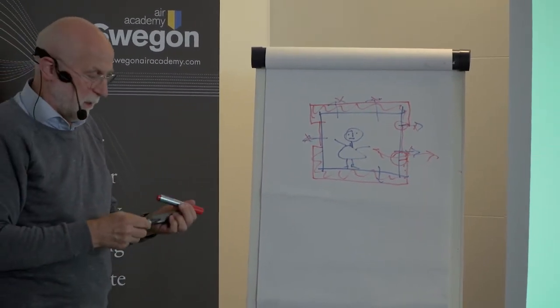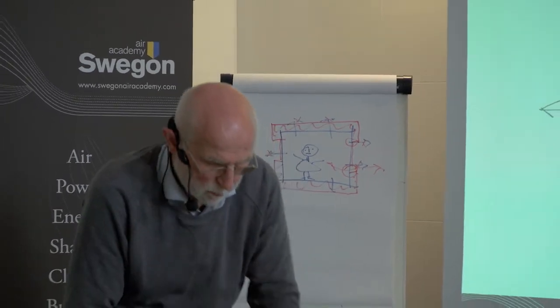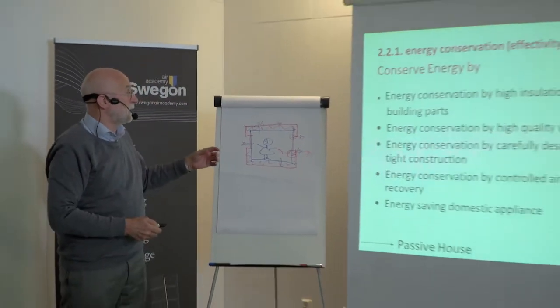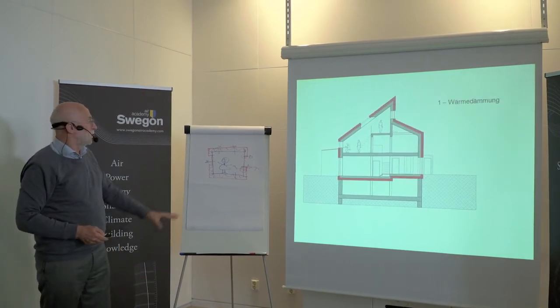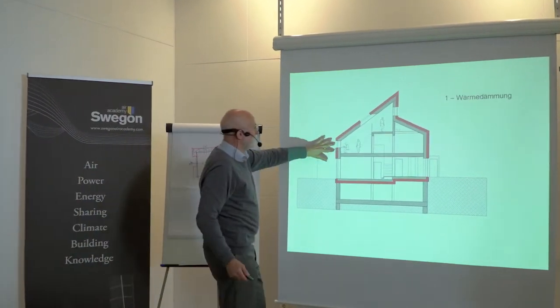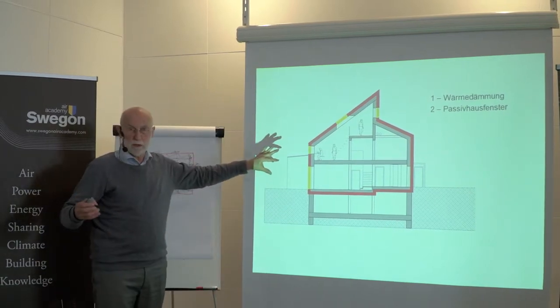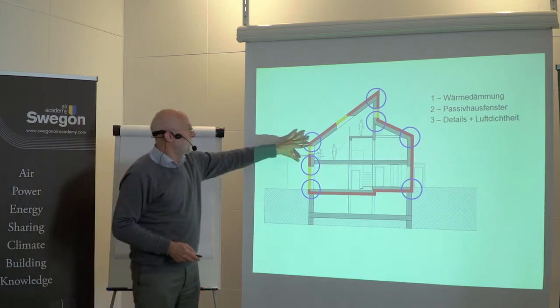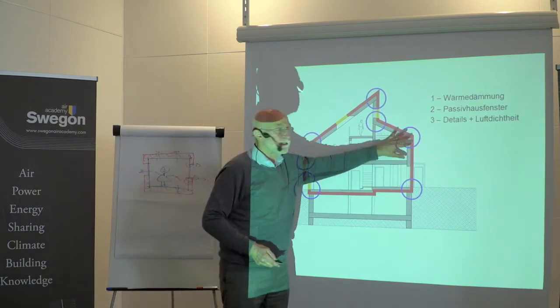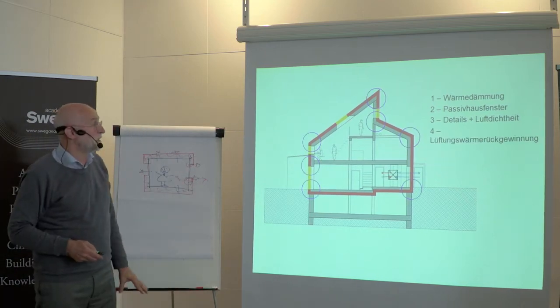How could it look more systematized? It's a building. We give a good insulation on the opaque building parts. We give high quality windows, triple glass, passive house quality, and we have to make very good details so that it's airtight and we don't lose energy.